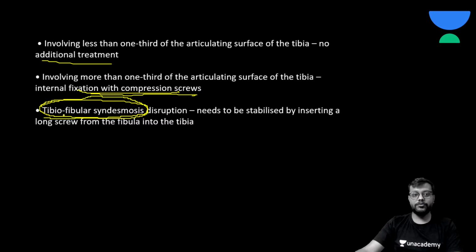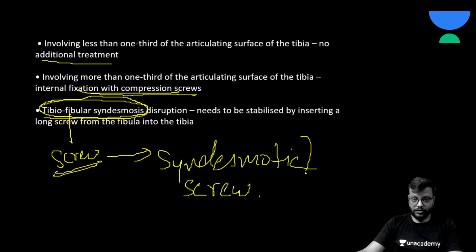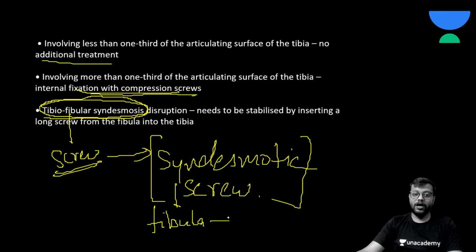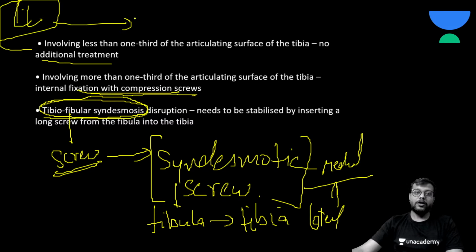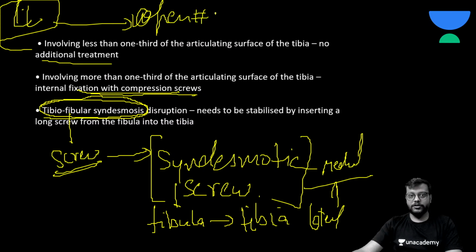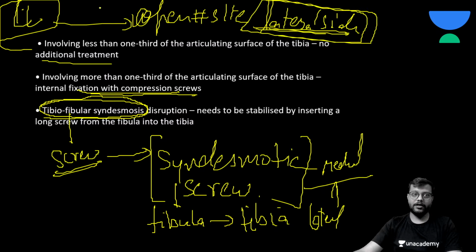सो यहाँ पे यू हैव टू पुट अ लॉन्ग स्क्रू टू मेंटेन दिस जॉइंट एंड दिस स्क्रू इज कॉल्ड एज syndesmotic screw. ये ध्यान रखना हमेशा फिबुला से टिबिया के डायरेक्शन में डालते हैं, दैट इज लेटरल टू मीडियल। और एक और चलो एक रूल ऑफ लॉ बताता हूं, in lower limb you always open fracture site from the lateral side only, lateral side से ही ओपन करोगे, medial side से ओपन नहीं करोगे। Why?